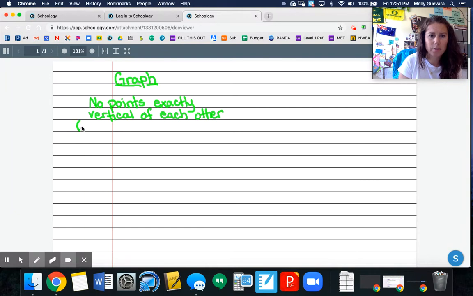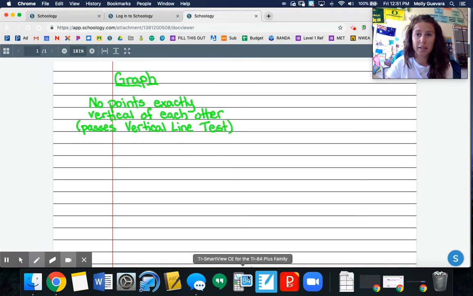Okay, or in other words, we can say it passes the vertical line test, which we will talk about later on in this video. So just write it for now, and then we will talk about it in a couple minutes, okay? So there can be no points exactly vertical of each other.